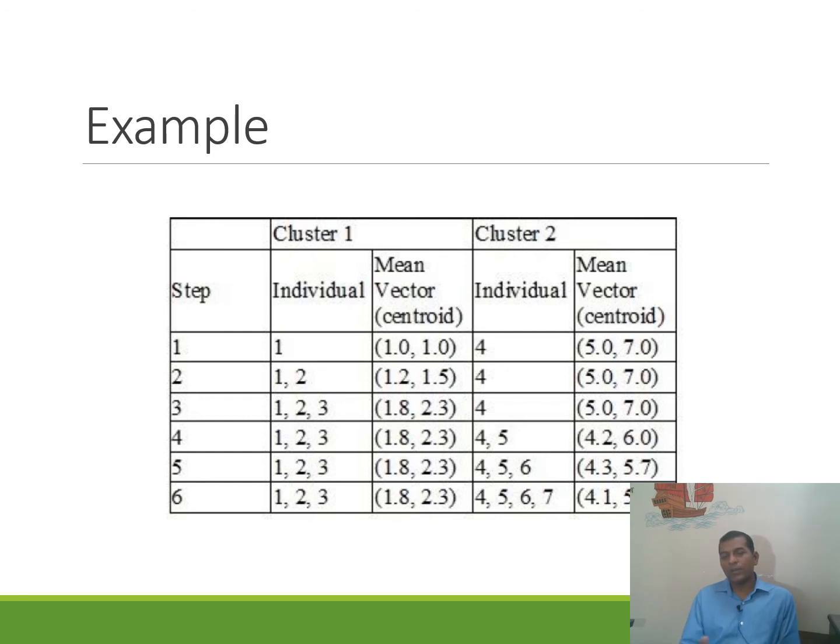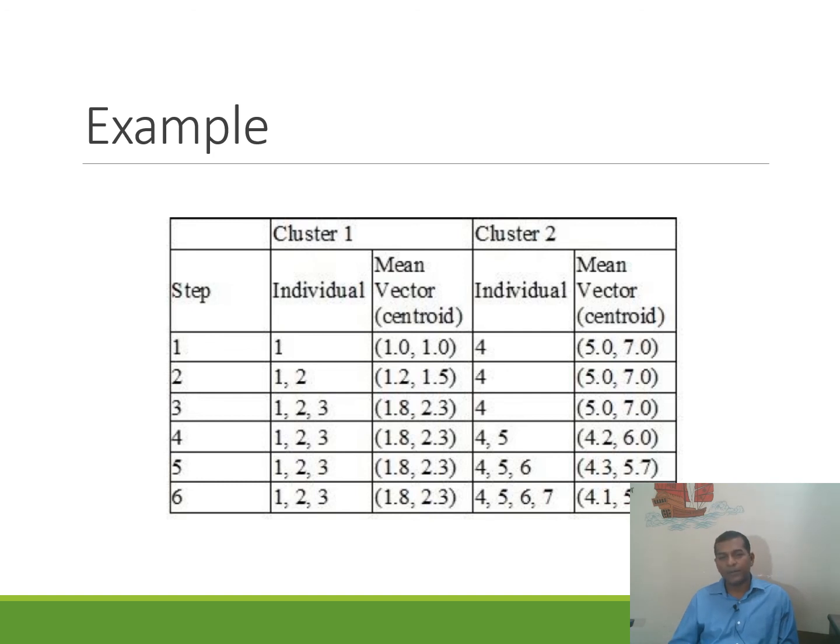As we keep adding elements into this cluster, the centroid changes, and this change allows us to move an element which was in the previous cluster into this cluster, because the previously added element may be closer to the newly created centroid.